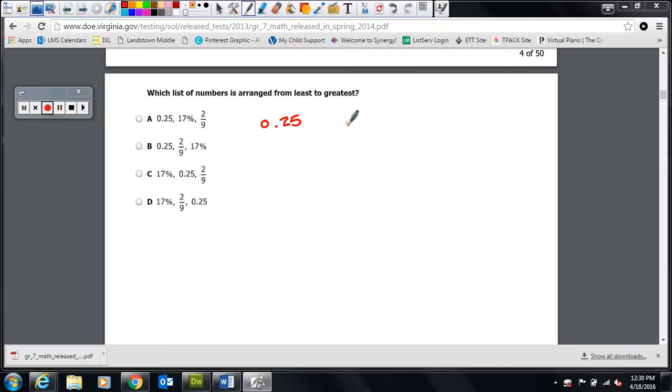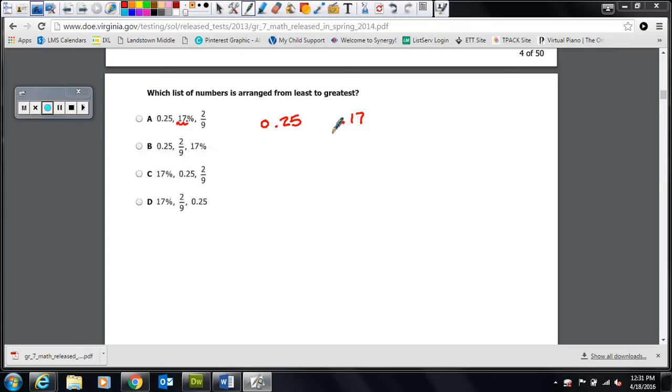Or you can take the decimal place in this number and move it 2 places to the left. Now, if you don't see a decimal, then you simply add a decimal at the end of the number. And again, it gets moved 2 places, 1, 2, to the left, turning 17% into 0.17.